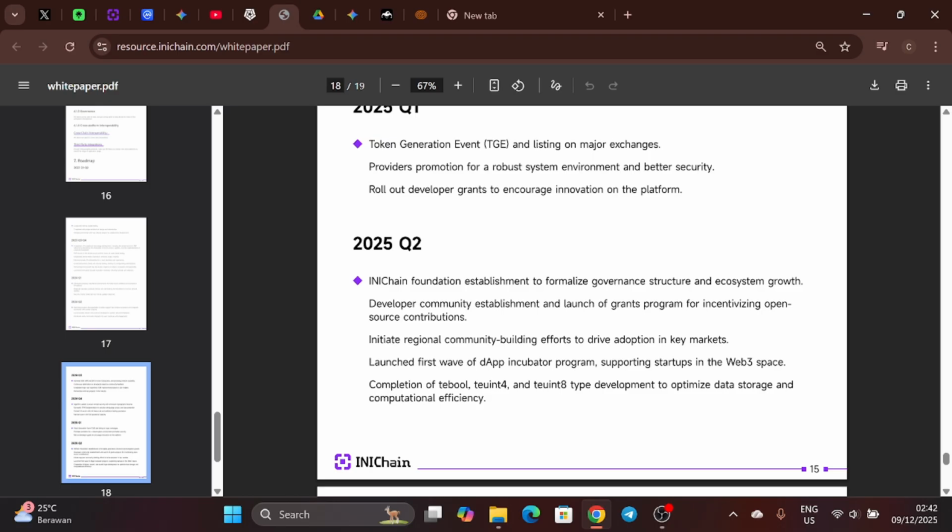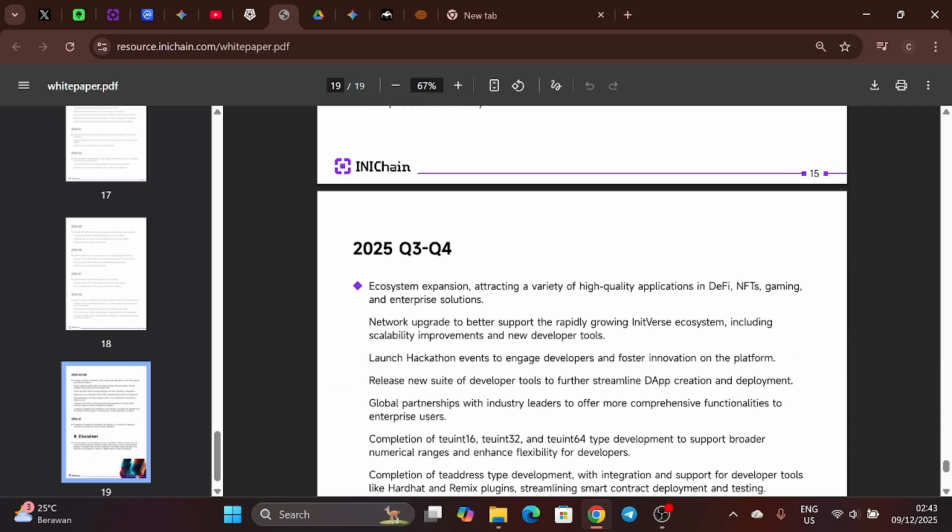Developer community established and a grant program launched to incentivize open-source contribution. Initiate regional community-building efforts to drive adoption in key markets. Launch a first wave of the app incubator program, supporting startups in the Web3 space. Completion of the development of the types to optimize storage and computational efficiency.